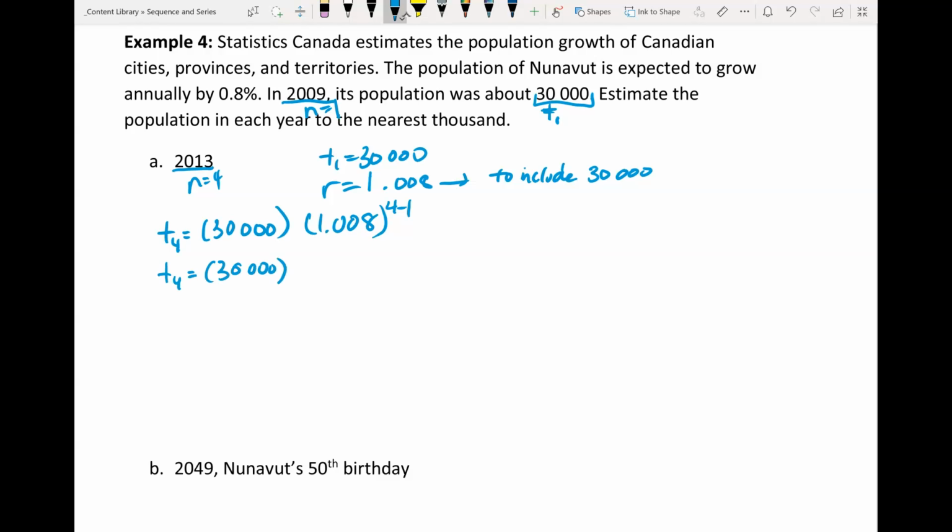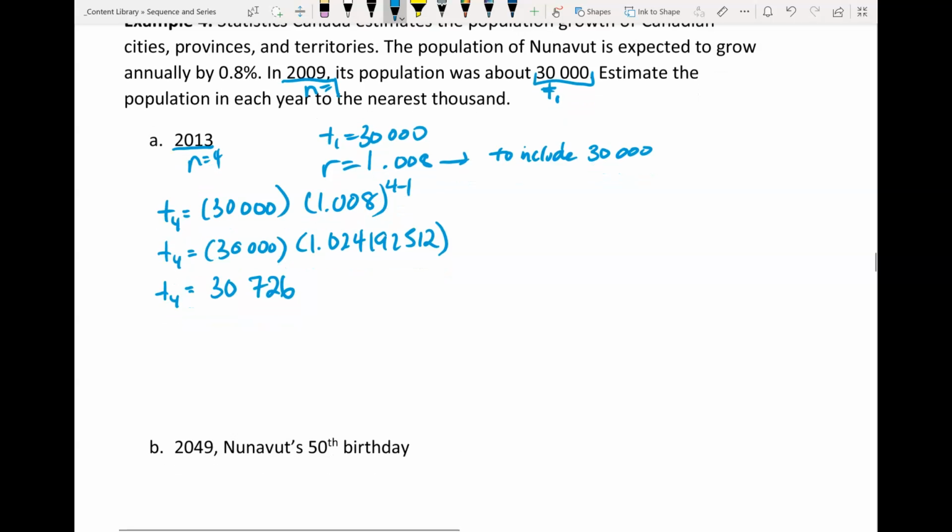Now we're going to find 1.008 to the power of 3, which is 1.024192512. I'm just keeping as many decimal places as I can. And we're going to multiply this by 30,000. So that's 30,726 is our population in 2013.